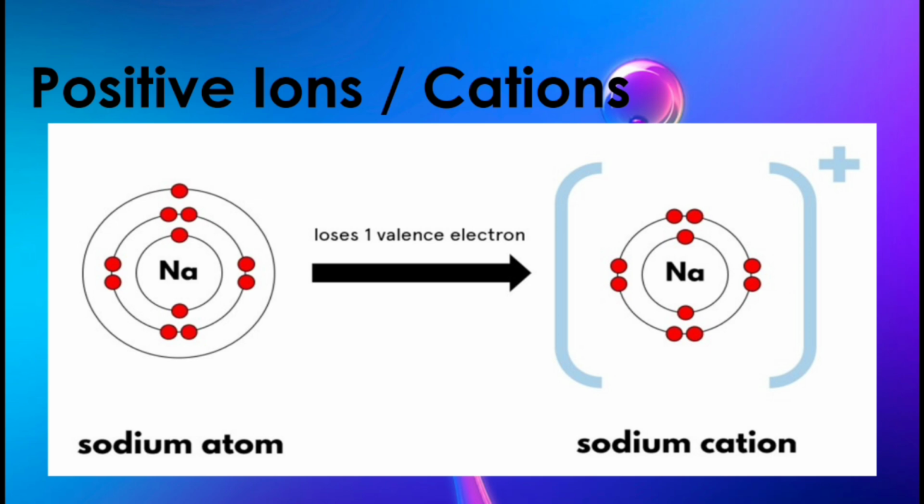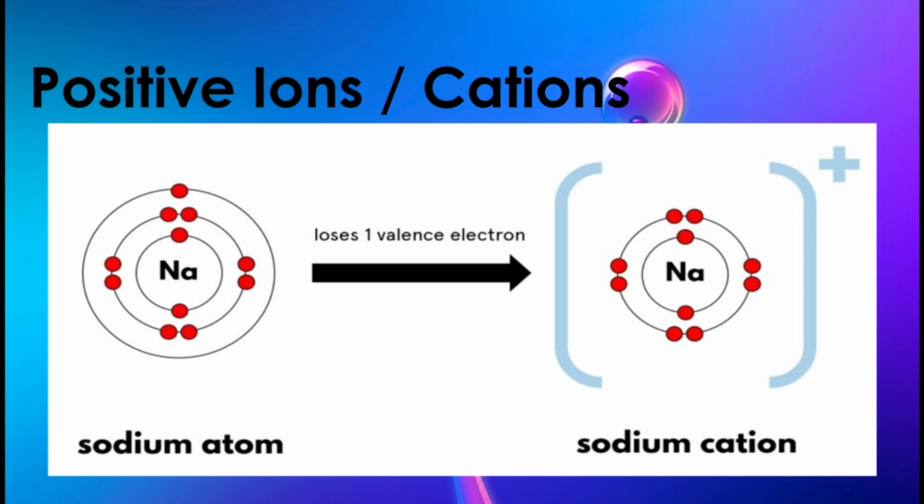Every atom in the periodic table wants to get stability. For that purpose, the atom exhibits either 8 electrons in the valence shell or 2 electrons in the valence shell. So for a sodium atom, it is very difficult to gain 7 electrons, but it is very easy to lose 1 electron. So when this sodium atom loses its 1 electron from the valence shell, which is the outermost shell, the last shell, it will get a positive charge because the electrons will be fewer and the protons will be more.